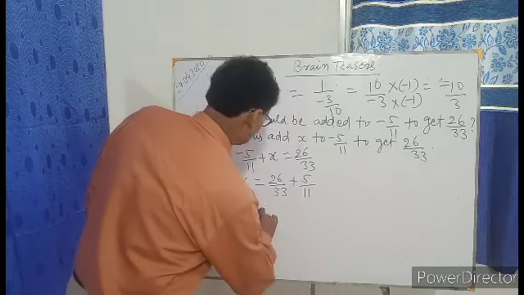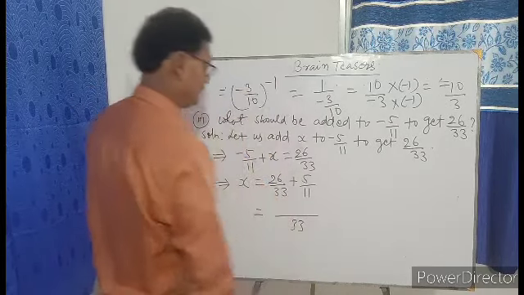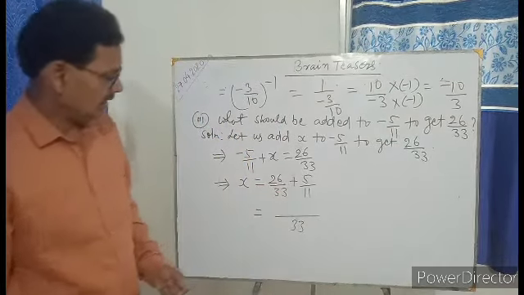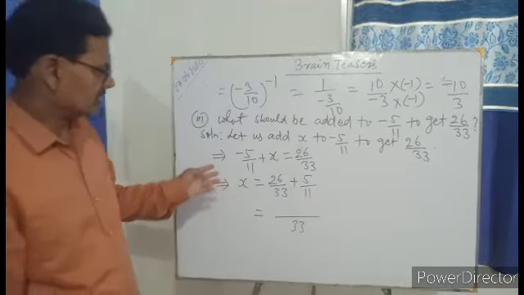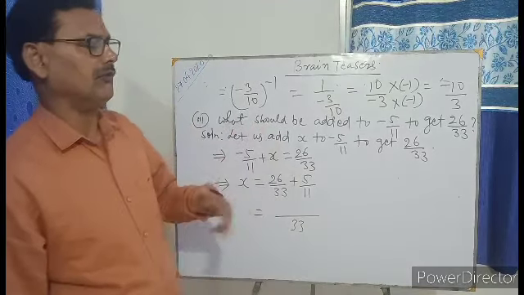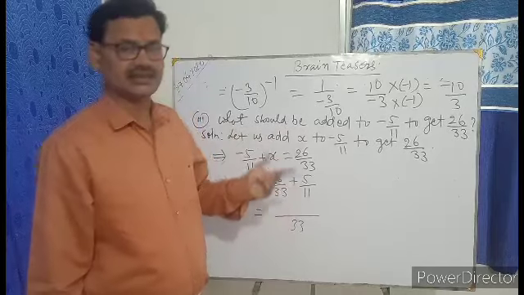Now let us have the LCM of 33 and 11. You know the LCM will be 33. If you have any confusion, this 33 is a multiple of 11. You have studied in class 6 that if two numbers are multiples of one another, then the greater of the two is the LCM.